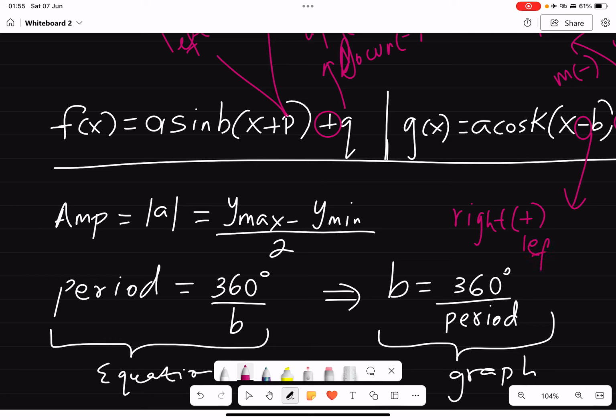And then to the left if B is negative. So it entirely depends on the original sign that you have in front of your parameter.